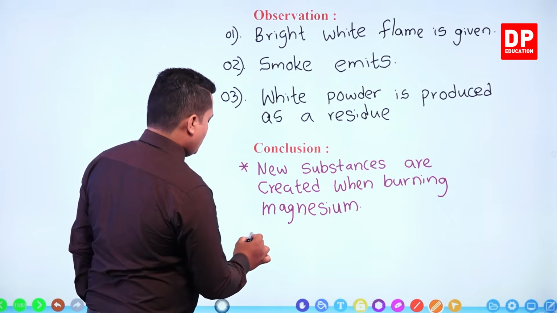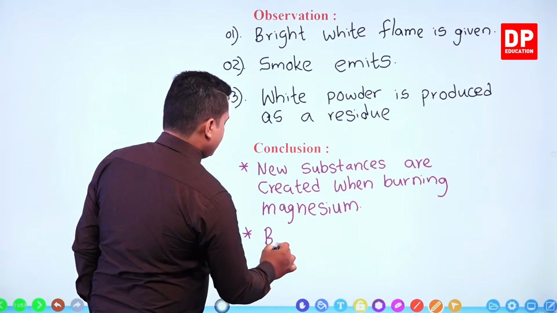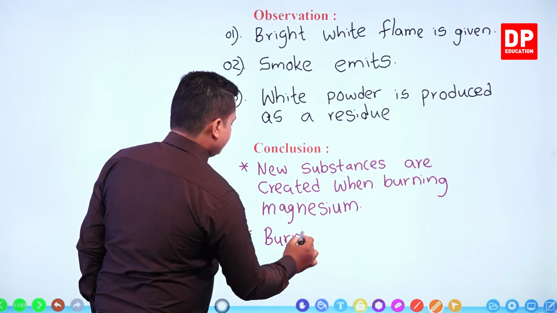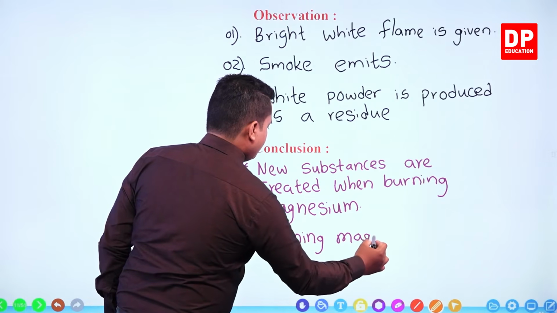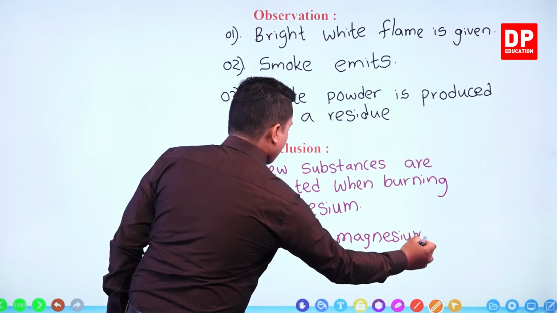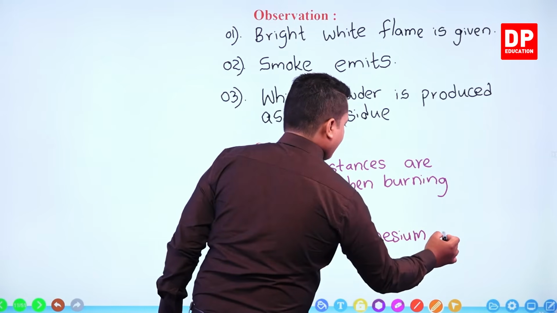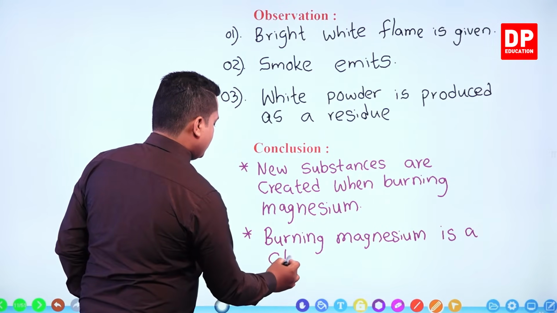So therefore, finally we can say that burning magnesium is a chemical change.